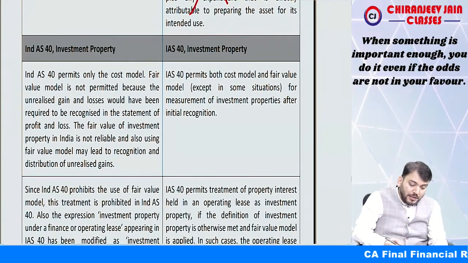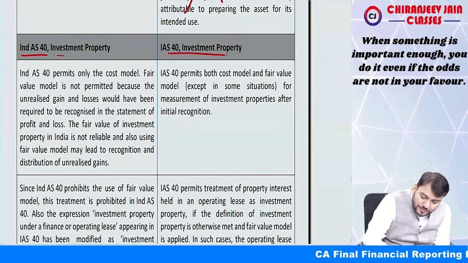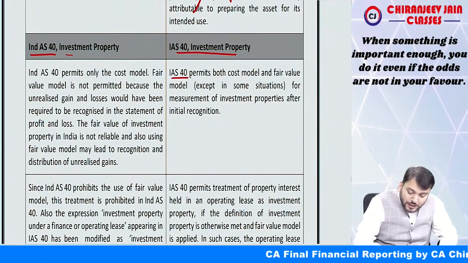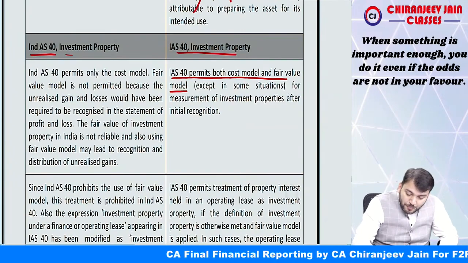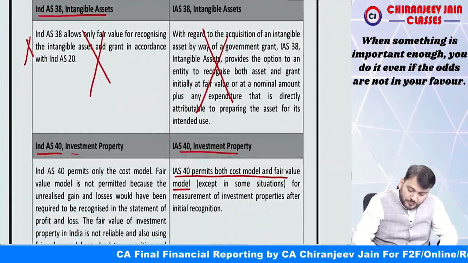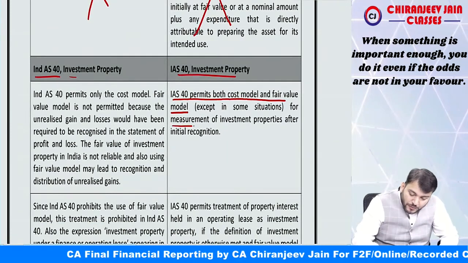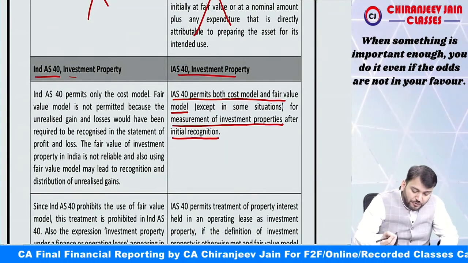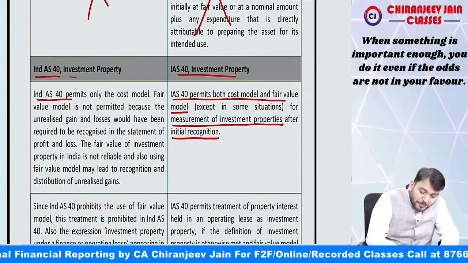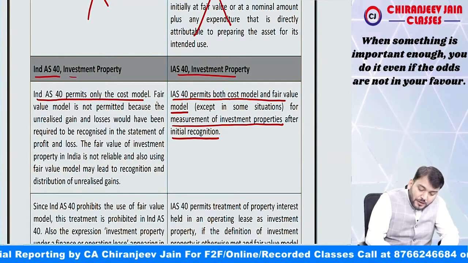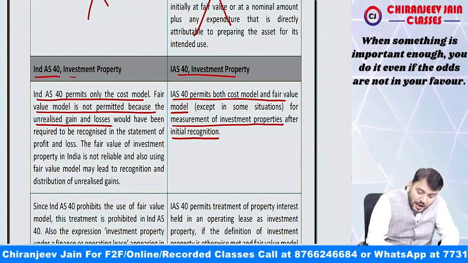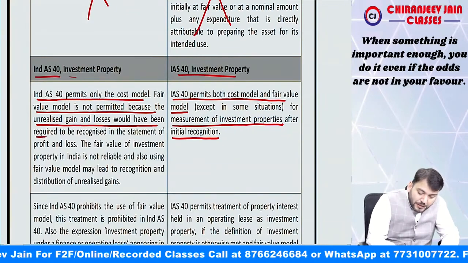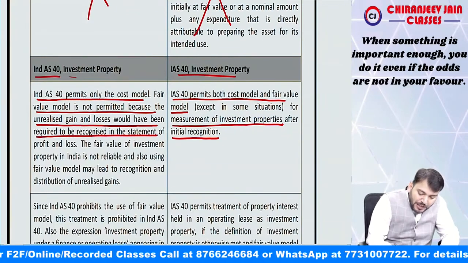Understood? In Ind AS 40 already we have done what they have said. IGAAP permits both cost model and fair value model for measurement of investment property after initial recognition. Ind AS 40 permits only the cost model. Fair value model is not permitted because the unrealized gain and loss would have been required to be recognized in SOPL.